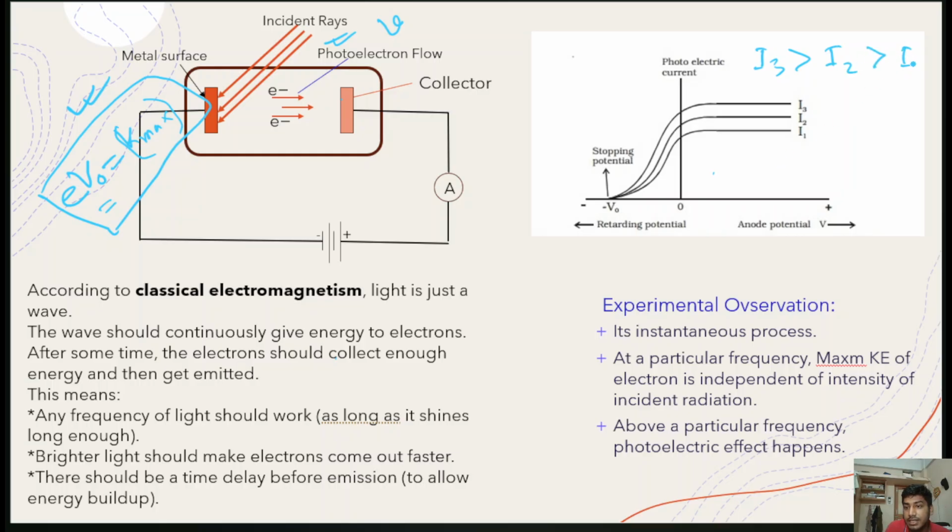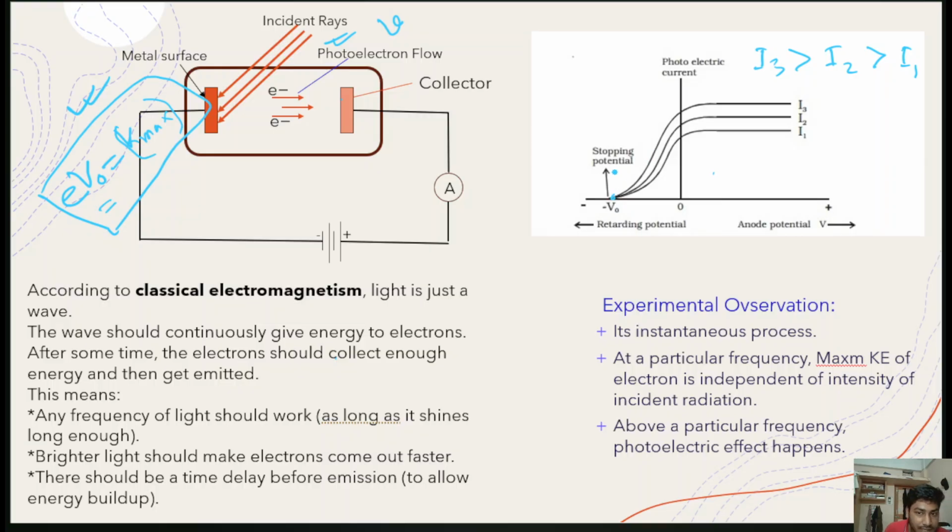If the intensity of light increases without changing the frequency, we see that current increases. But the stopping potential for different intensities of light is the same, that is minus V naught.